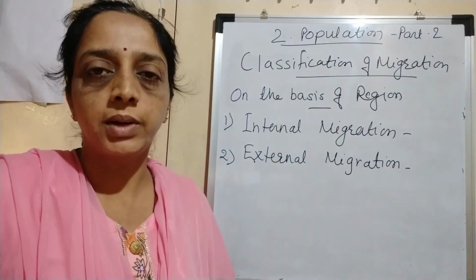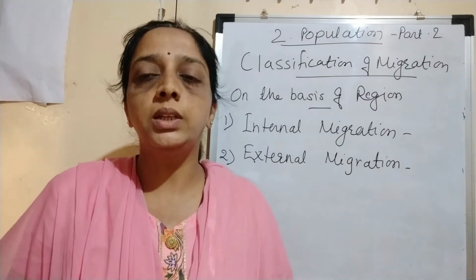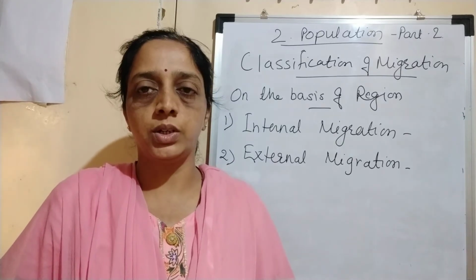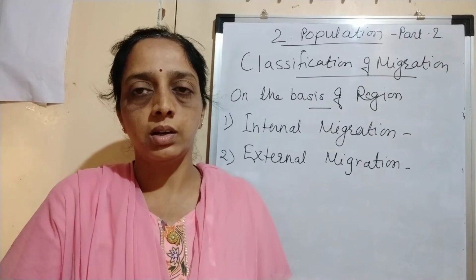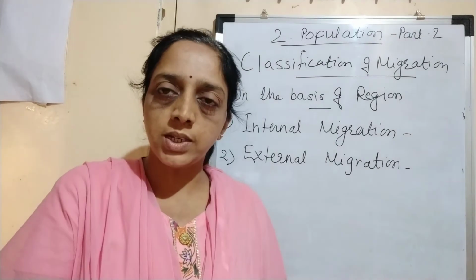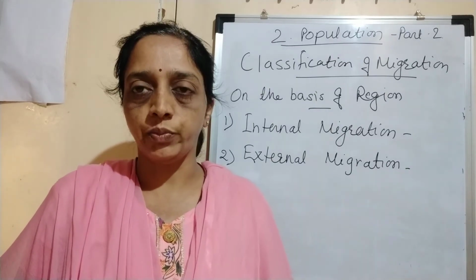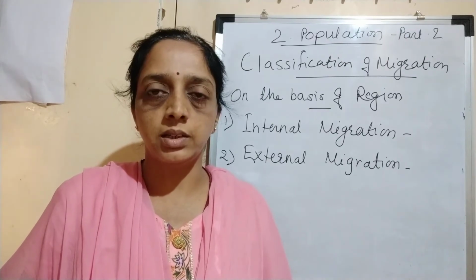So, internal migration is the migration that takes place within the country. Now, within the country, it can be within a state, taluka, district, or from one state to another state, it can be anything. The distance and the direction don't matter in this.